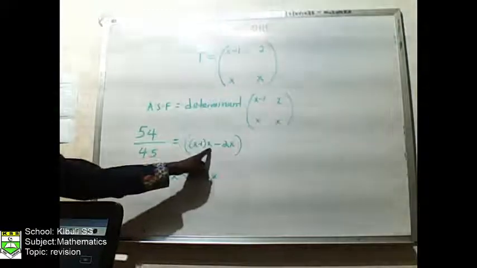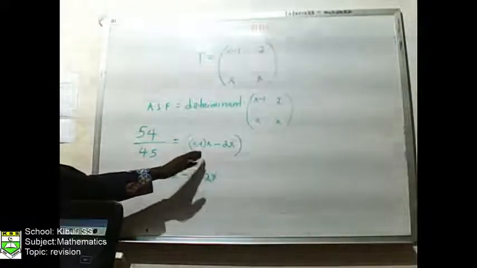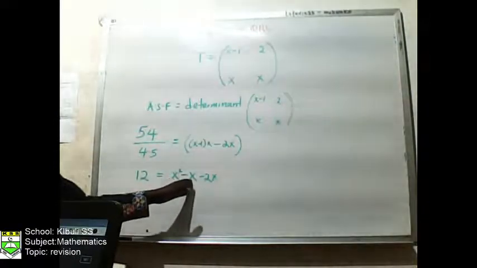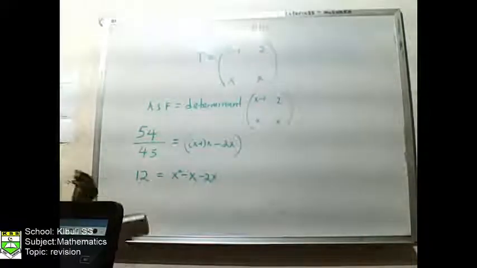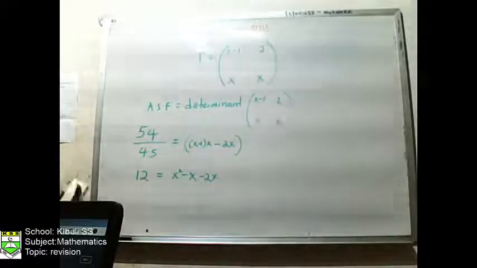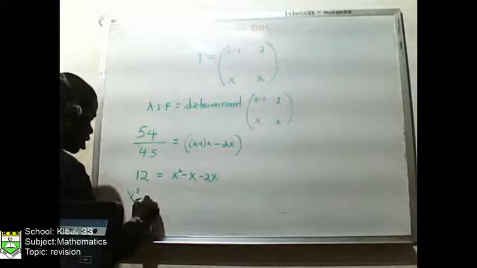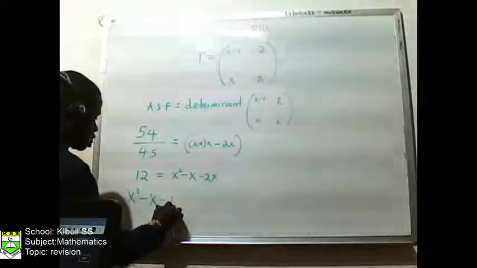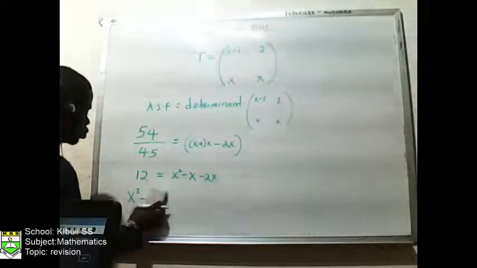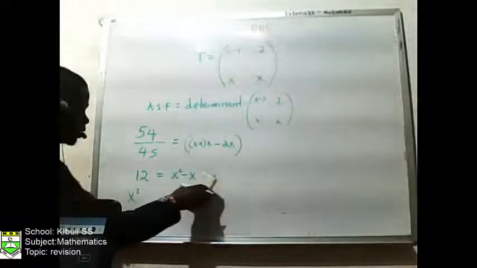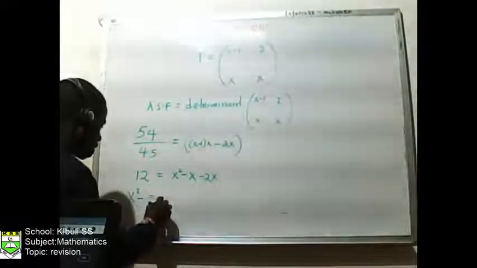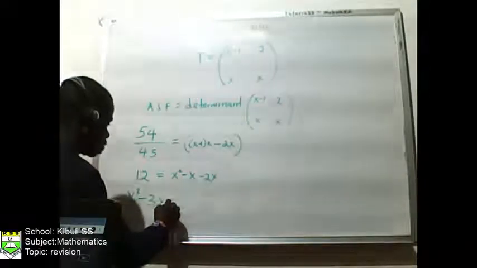This x has multiplied the whole of this bracket, and I've come up with x squared minus x minus 2x. So I'm going to collect like terms. You can see that I'm trying to form a quadratic equation here. x minus 2x is going to be negative 3x, equaling 12.